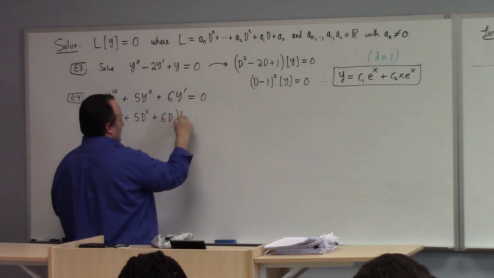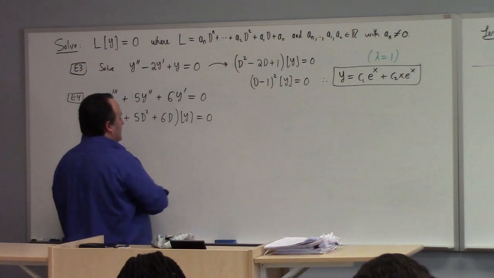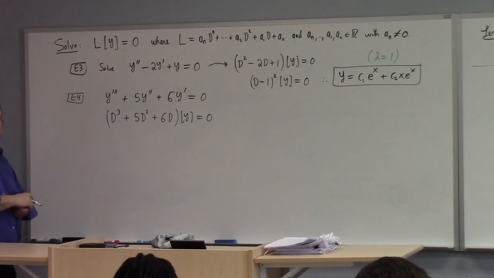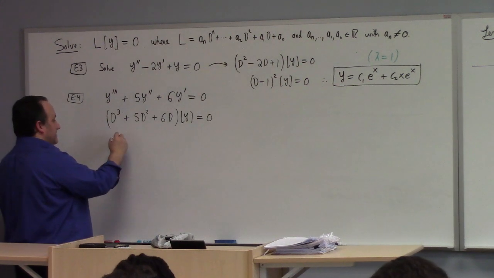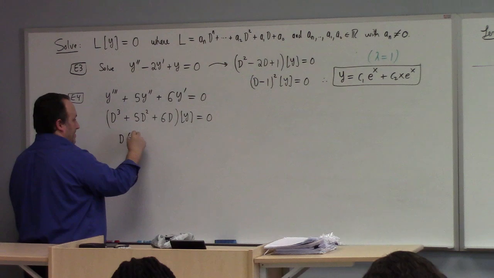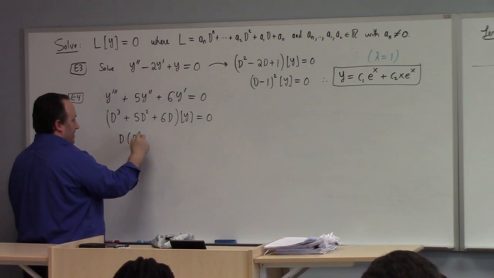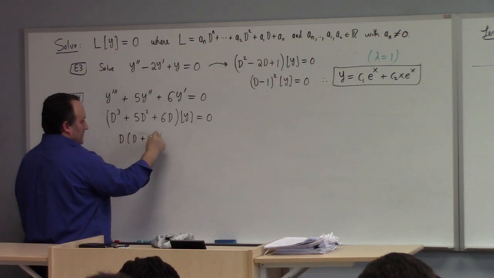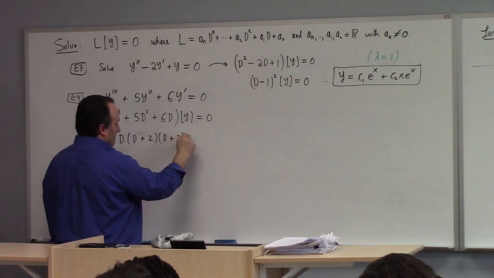So I've got that acting on y equals 0. Can you guys tell me how to factor that? Pull out a D, yeah. Oh yeah, D plus what? D plus 3, yeah.